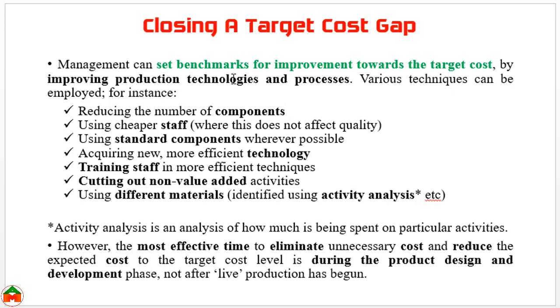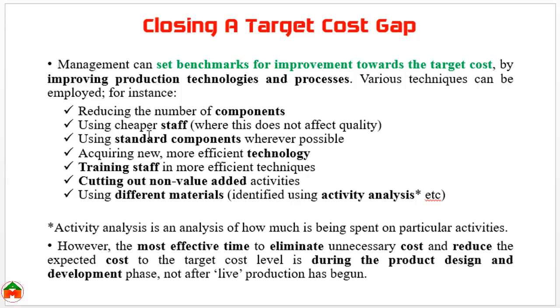Management can set benchmarks for improvement towards the target cost by improving the production technologies and processes. There are various techniques to improve the production process. For the purpose of reducing cost, we can reduce the number of components.